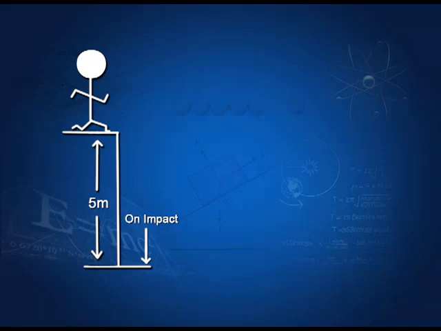To make it a little realistic, let us imagine a person standing at a height of 5 meters and wanting to jump down onto the floor below. So, our height is 5 meters and let us say the person weighs 50 kg.